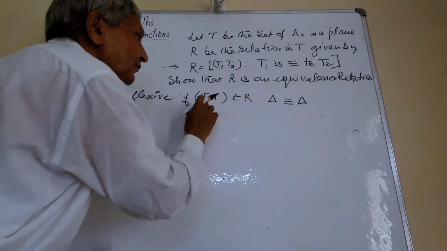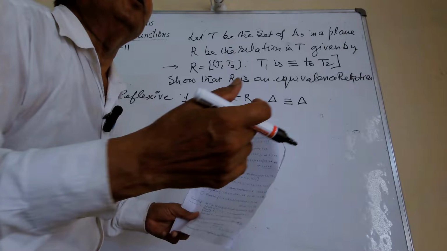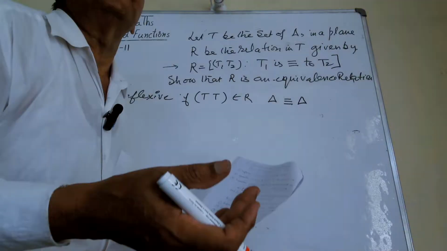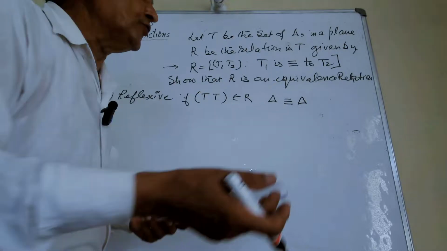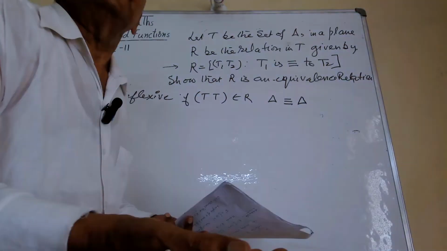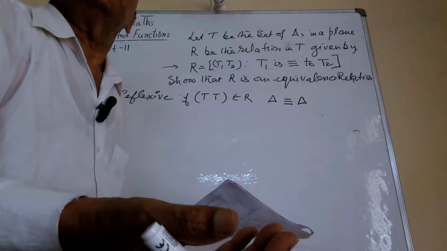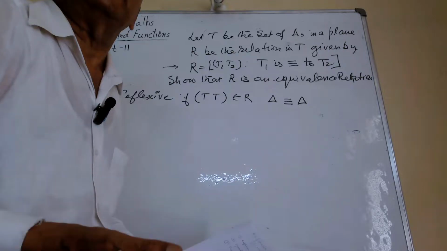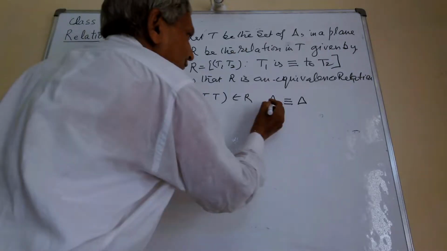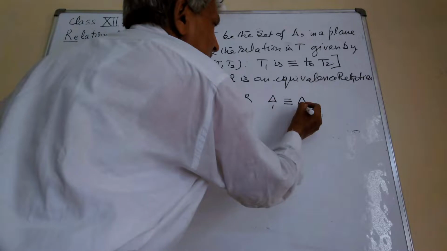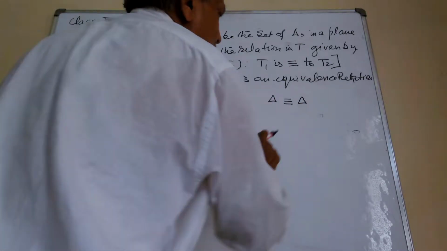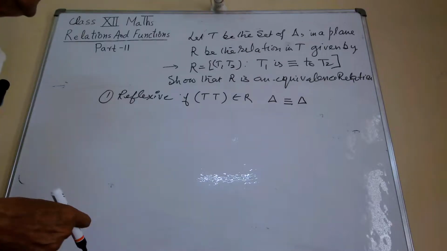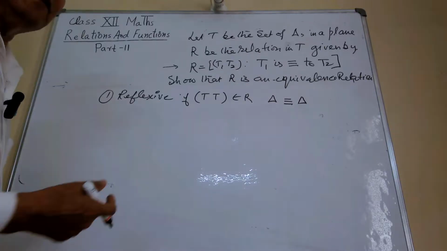Every triangle is congruent to itself also, because the triangles are same. So there is no difficulty in proving both the triangles are congruent. So this condition is proved.